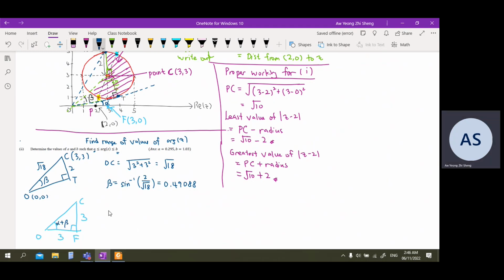Right. So now I have alpha plus beta. It is inverse tangent of opposite over adjacent, which would give us inverse tangent of 1, which is pi over 4.